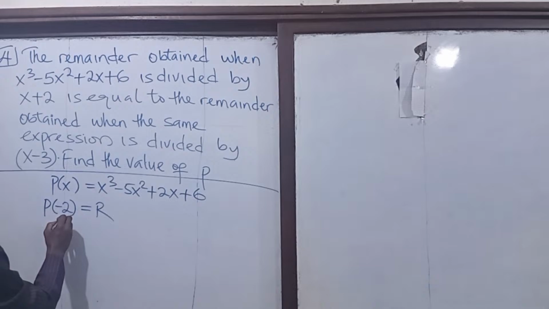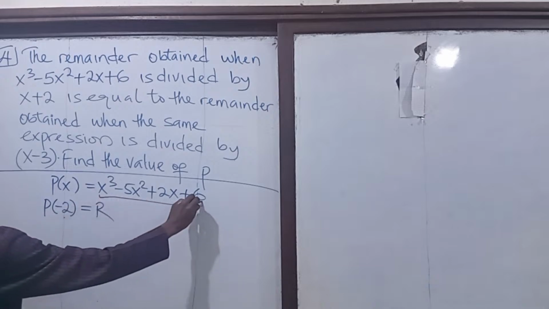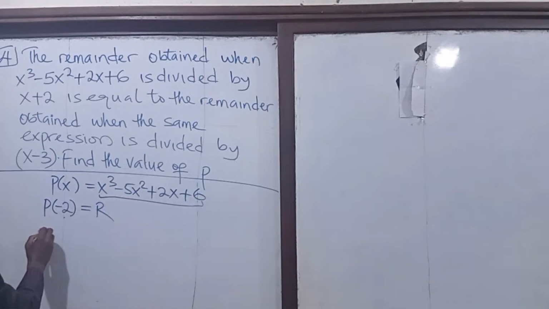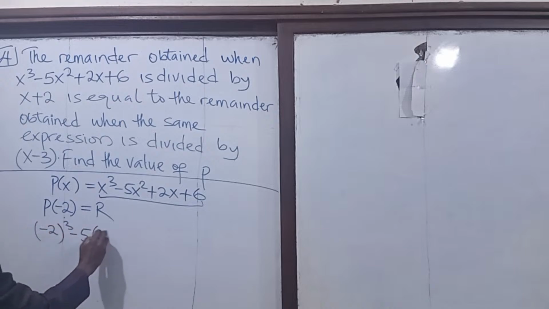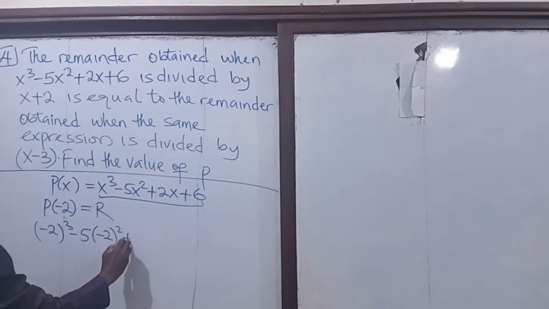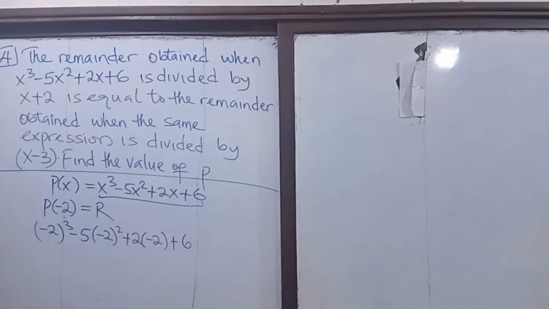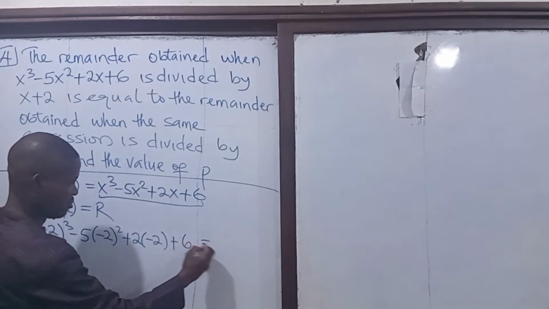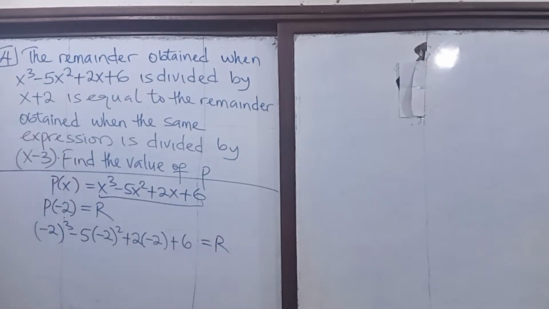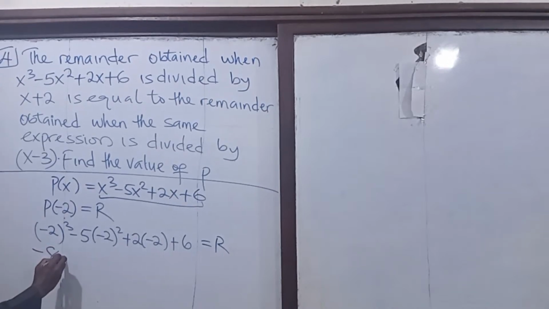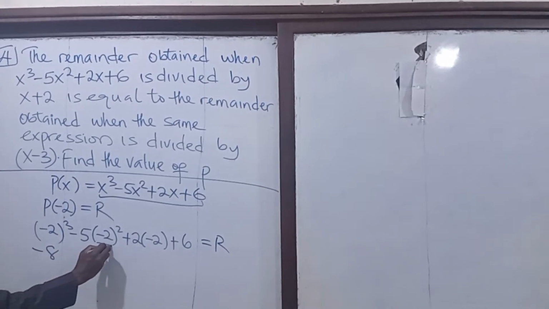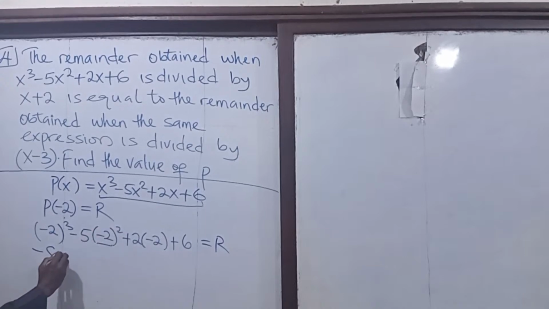P of minus 2. Come to this expression, make a substitution. That's minus 2 to the power 3 minus 5 times minus 2 squared plus 2 times minus 2 and then plus 6 equal to your remainder, which we don't know. So this will be minus 8. This will be minus 2 squared, that's 4, that's minus 20.